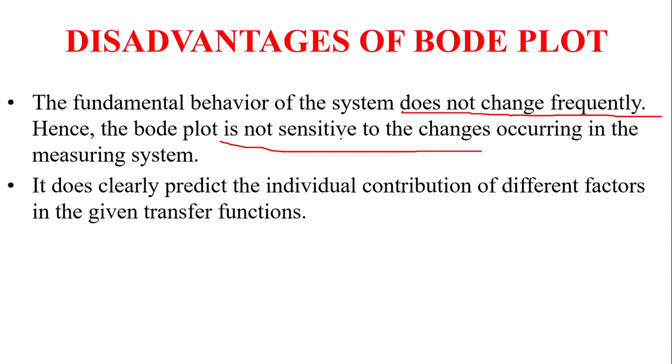That is called not being sensitive to changes. And it does not clearly predict the individual contributions of the different factors. We have three types of factors considered in the Bode plot: the first is the gain factor, the second is the integral factor, and the third is the derivative factor. So these are the limitations of our Bode plot.